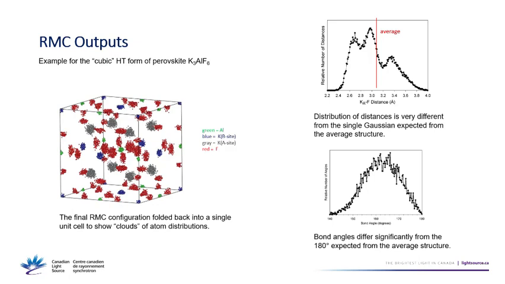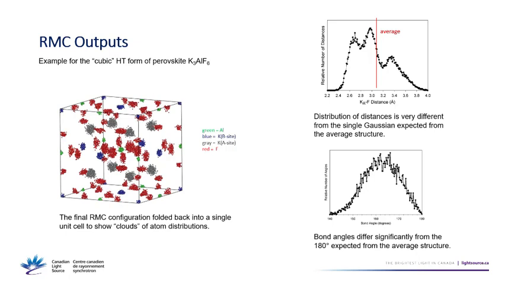And so you get these clouds of atom distributions. The nice thing about RMC is these could end up being any shape. They could be spherical or ovals or plate-like, or I've even seen a case where they're like triangles, which you really would never observe from a small box method.